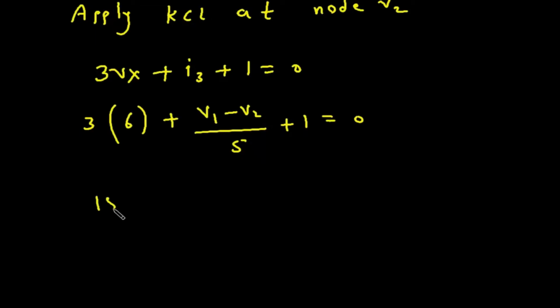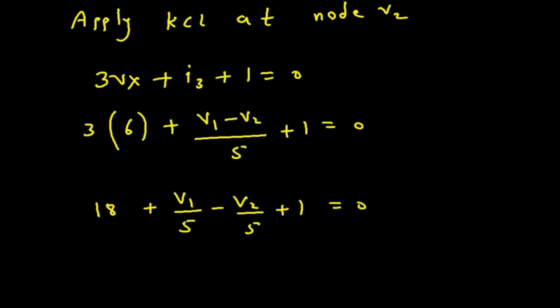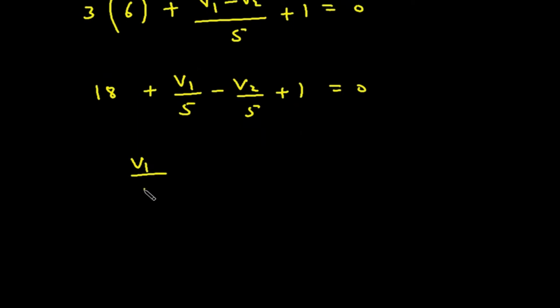So this will be 18 plus V1 by 5 minus V2 by 5 plus 1 is equal to 0. So this will be V1 by 5 minus V2 by 5, and this will be 19, so is equal to minus 19. This is equation number 2.